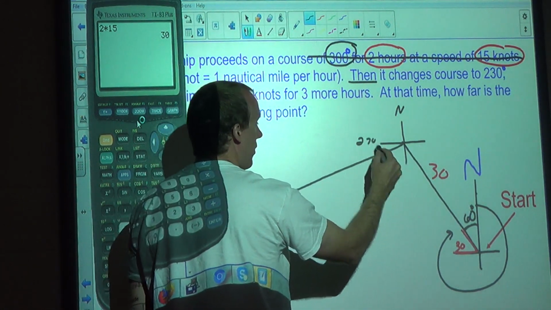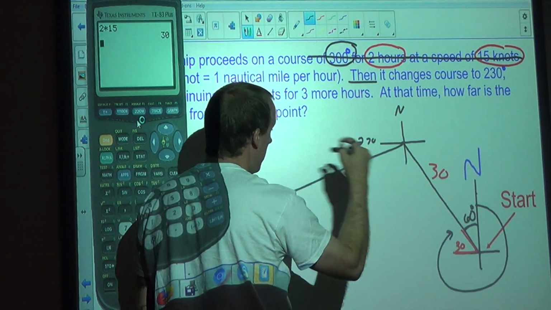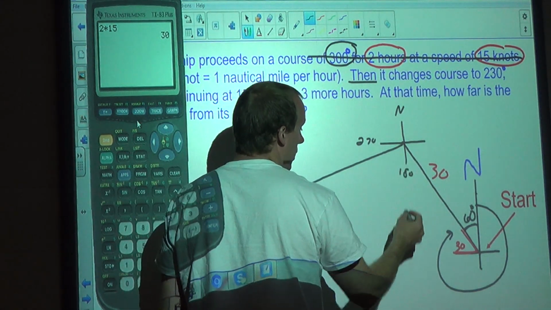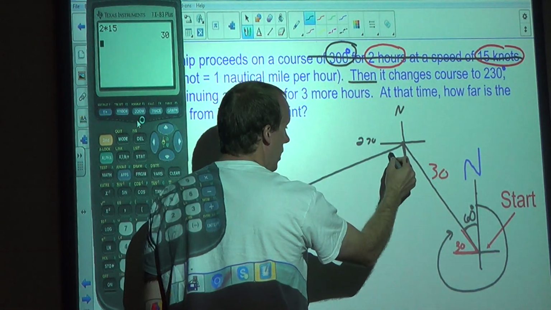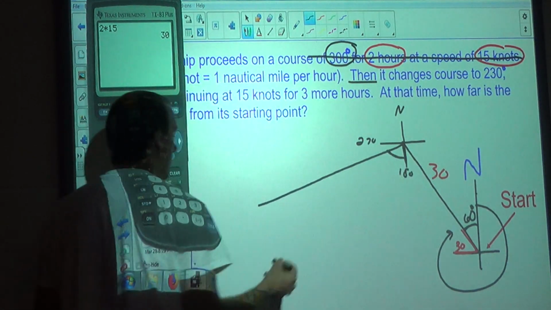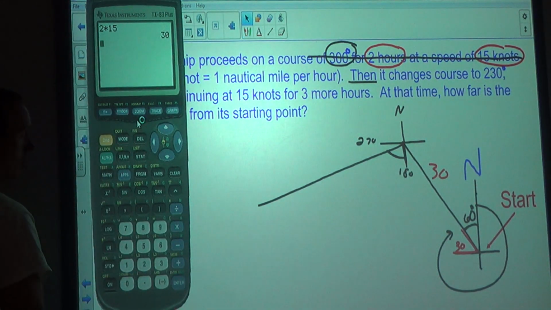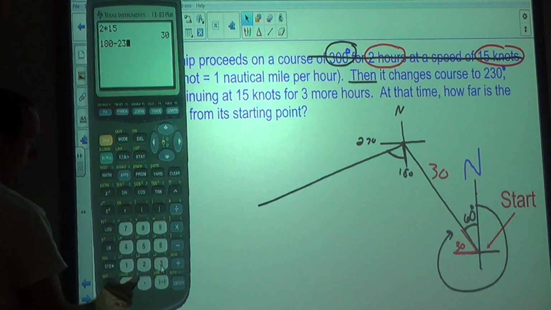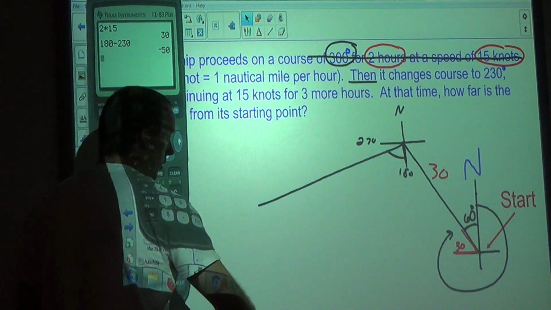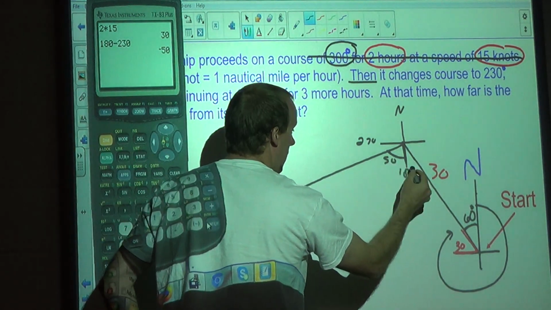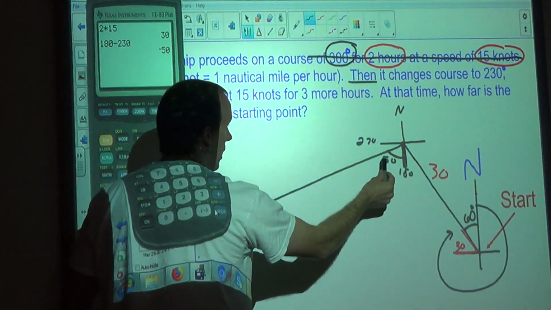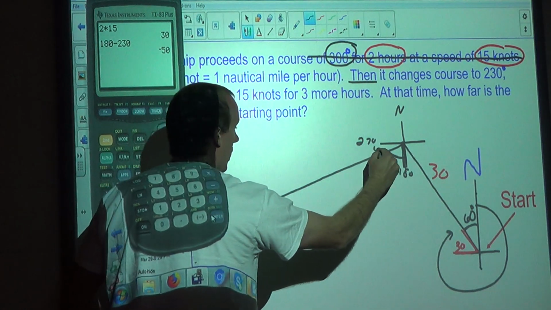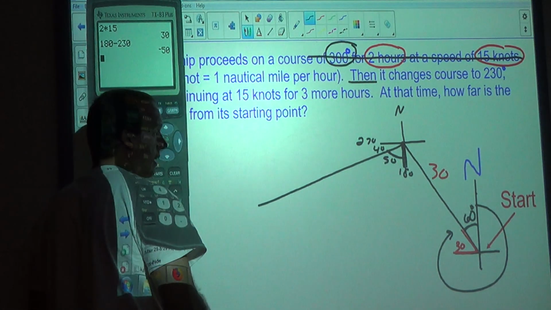How many degrees would be left from 180 to get to 230? I go 230 minus 180, and I'm left over with 50 degrees here. If this is 230 to 270, that would make 40 leftover degrees there, which would make sense.